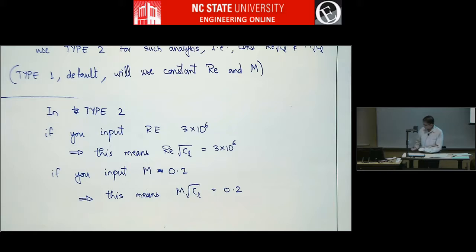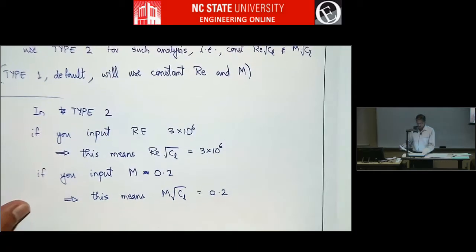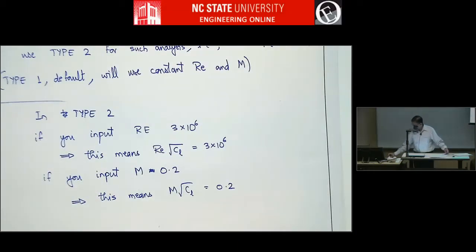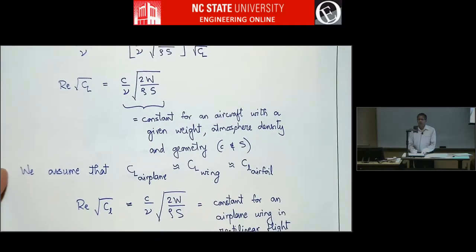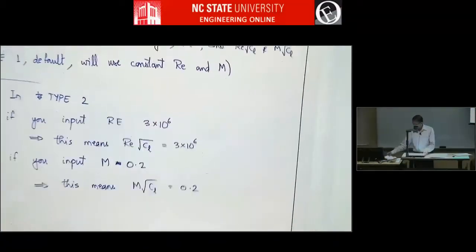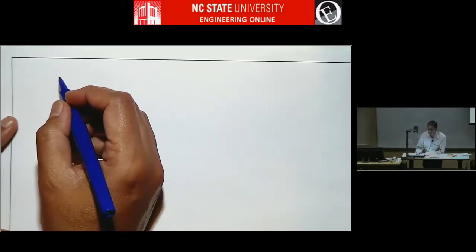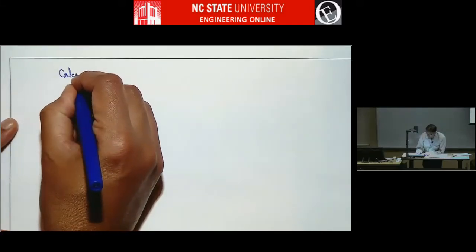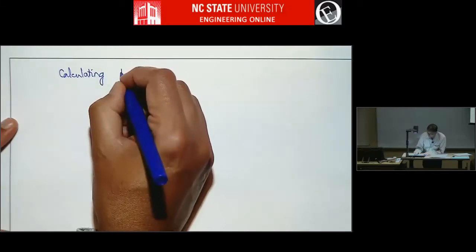So we talked about how to calculate Re times square root of CL for an aircraft. If you know the aircraft parameters, you can calculate Re times square root of CL. Like that, you can calculate Mach times square root of CL. Again, Mach number also changes with velocity, right?